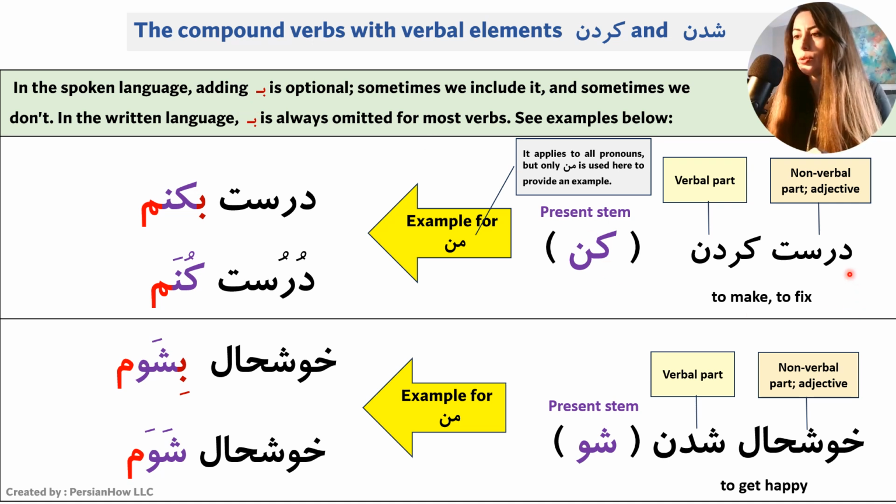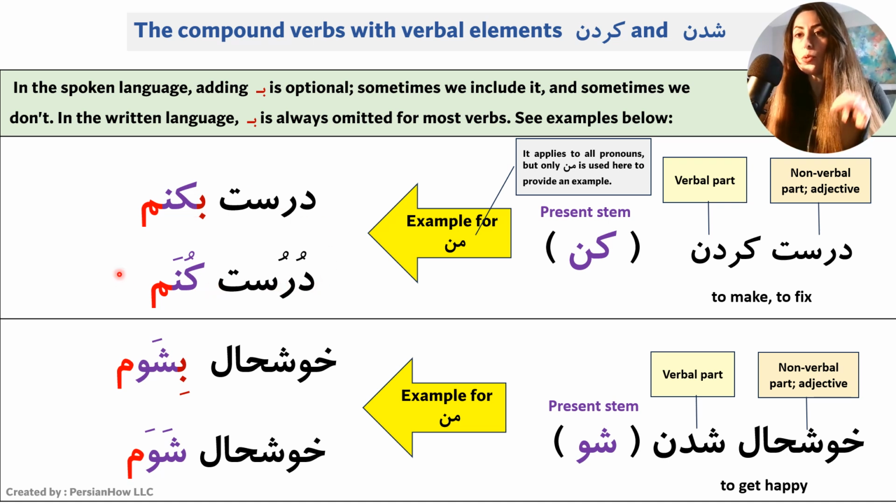For example, درست کردن, to make, to fix. کردن is the verbal part. کن is the present stem. So the subjunctive, let's say subject is man, would be درست بکنم. But the be is optional. I can also say درست کنم.